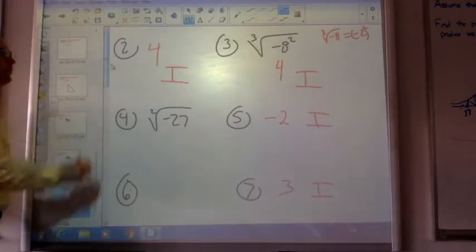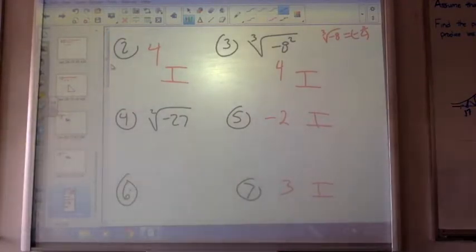Okay. Irrational. The irrational number set is huge. So irrational numbers are decimals that do not repeat. Irrational numbers are square roots or cube roots that aren't perfect squares or aren't perfect cubes. A perfect square would be like 1 and 4 and 9 and 16.